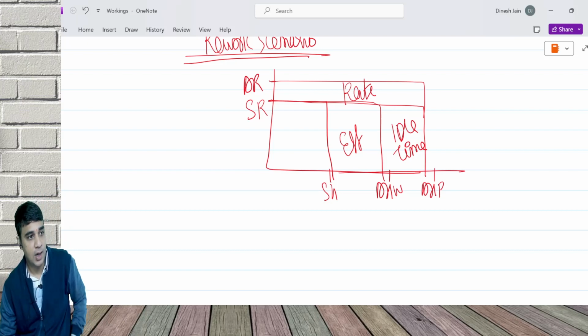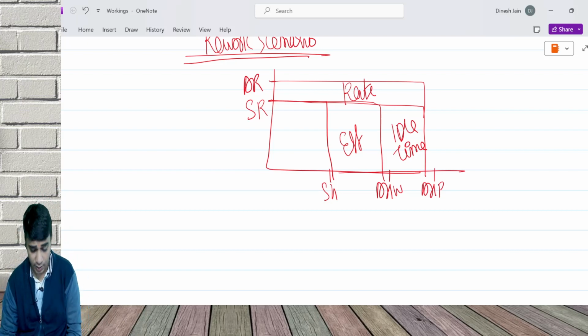No need to copy the chart and all. You should be clear with the chart by now. But in case you don't, then you can check it. Otherwise, please do it on your own.